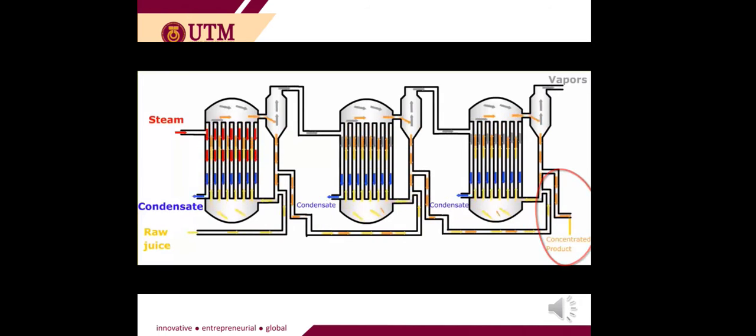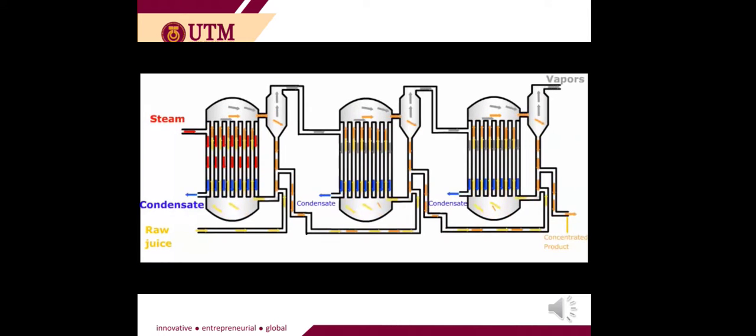So in a triple effect evaporator, steam enters only the first effect, and then for the second and third effect, heating is done by the vapors that are being discharged from the previous effects.